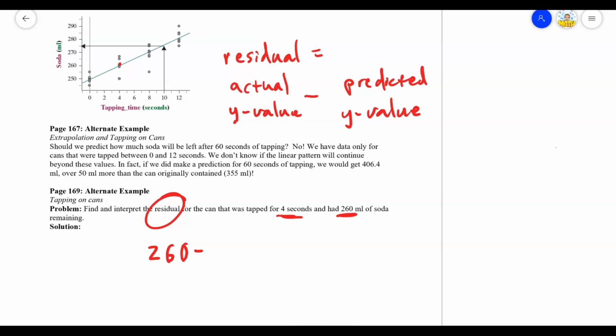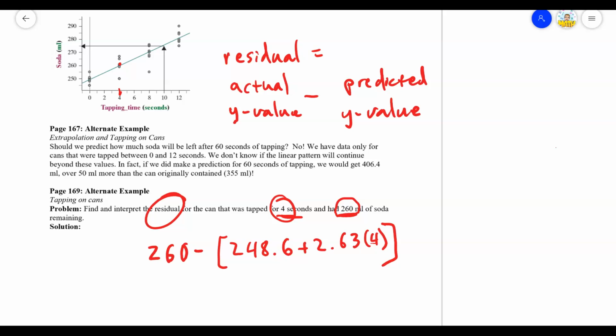Okay. So the actual amount of soda for this can that was tapped 4 seconds happened to be 260. Now there's other actual amounts. Remember there were several cans that were tapped for 4 seconds, but this particular one had an actual amount of soda equal to 260. Here's my regression equation from previously. We saw that 248.6 plus 2.63, and then we multiply that by our x value, 4 seconds.